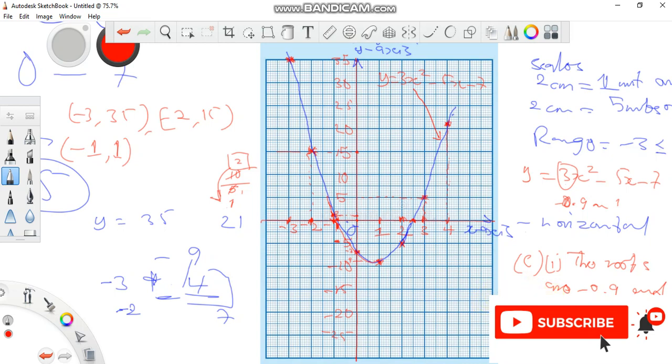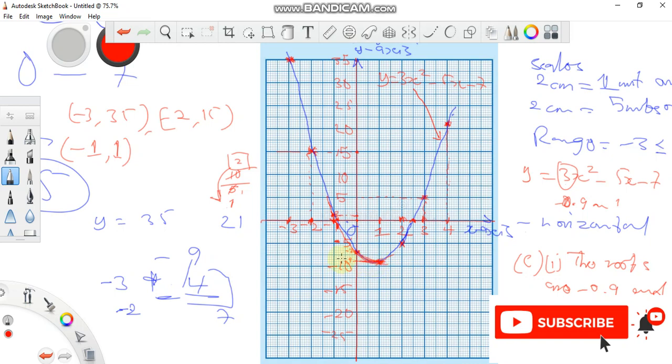For Roman 2, we are asked to estimate the minimum value of y. So the minimum value of y is -9, because the minimum value of y is the lowest point of the curve. Sometimes this can be lower than the lowest point you have, but in this case it should have been exactly around that point.